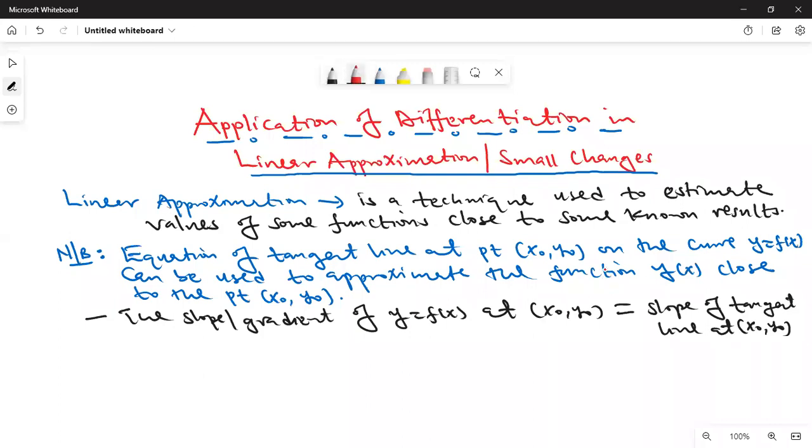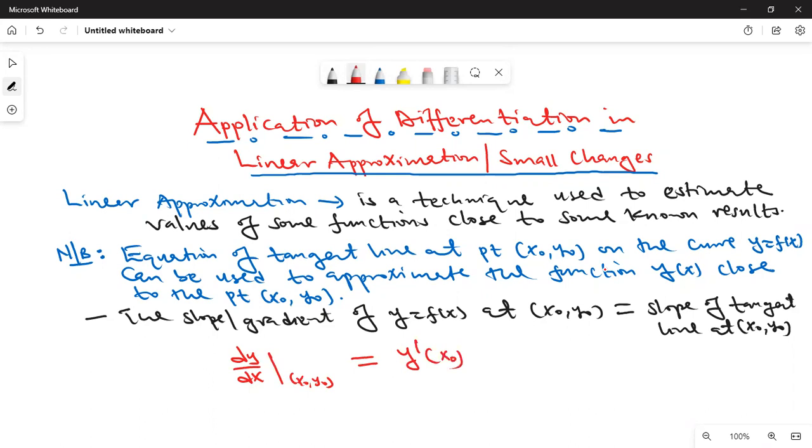This simply means that this slope of a curve is dy dx at the same point where x is equals to x naught. This is the same as what we are calling y prime at x naught.